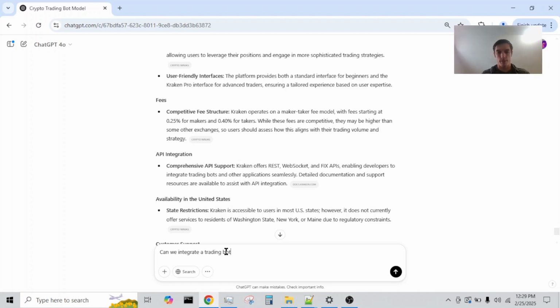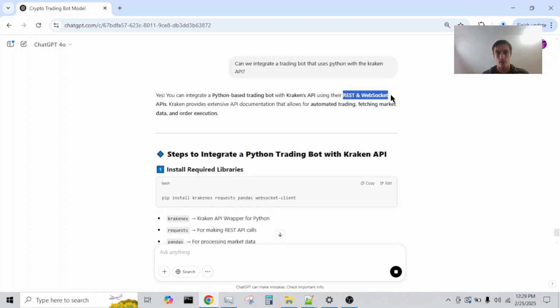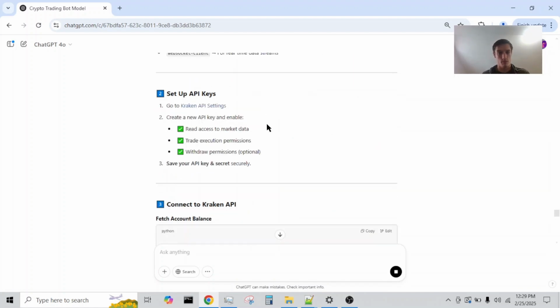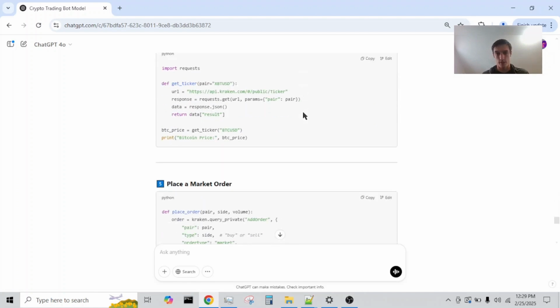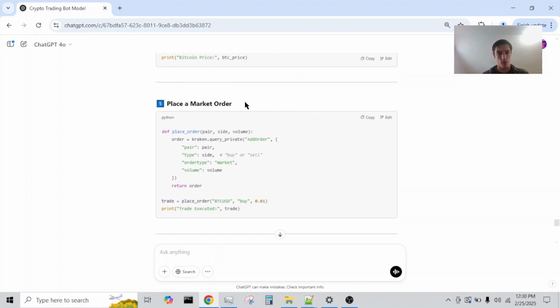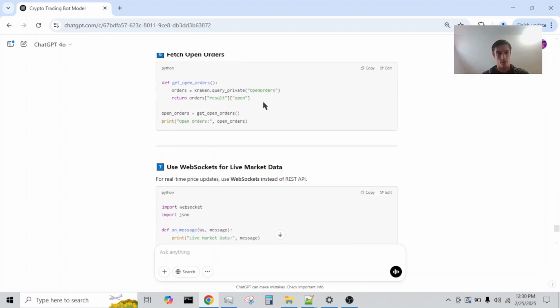Integrate a trading bot that uses Python with the Kraken API. Yes. Okay. That's good. Okay, that's nice. We can get live ticker pricing from Kraken, place our market orders, look at open orders that we have.